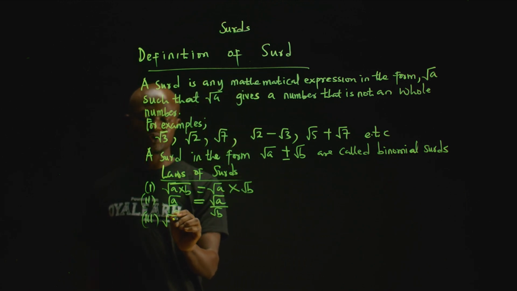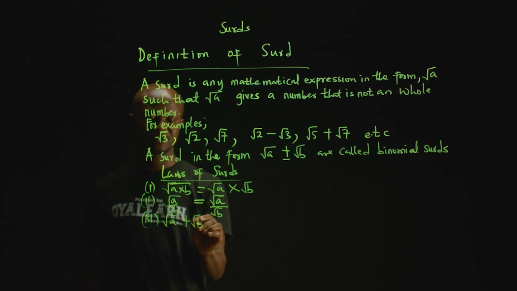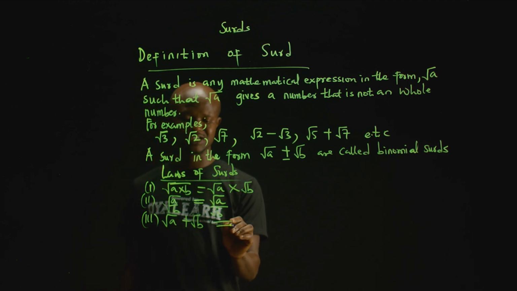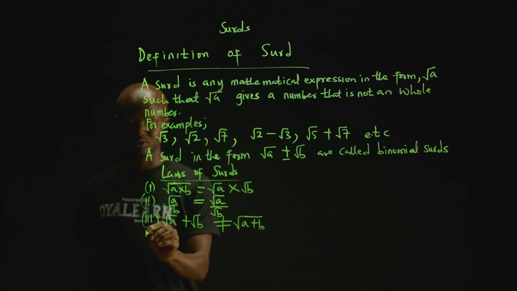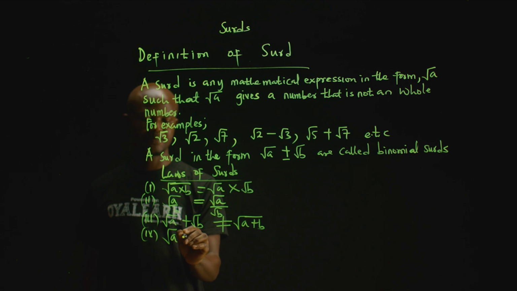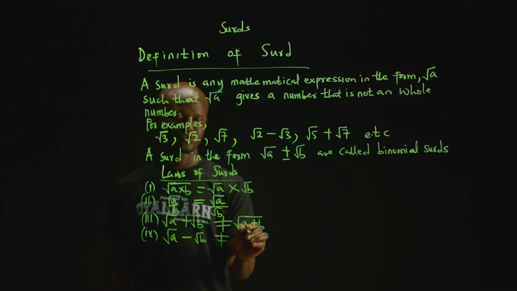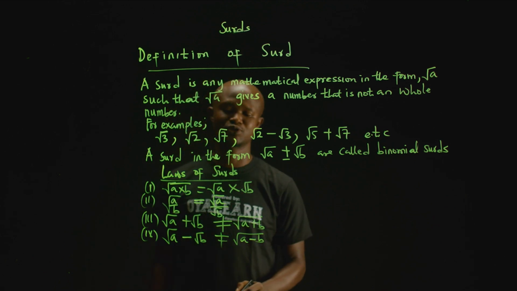But when you have square root of a plus square root of b, please take note, this is not equal to square root of a plus b. Also, square root of a minus square root of b is not equal to square root of a minus b. Please take note of this.